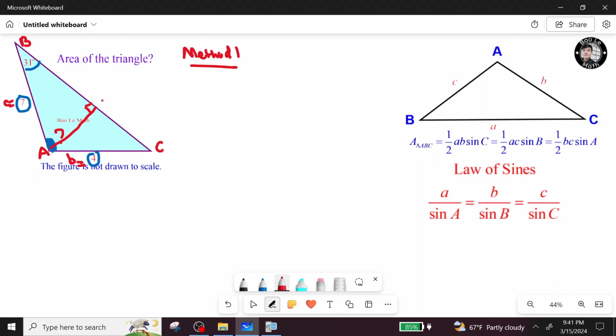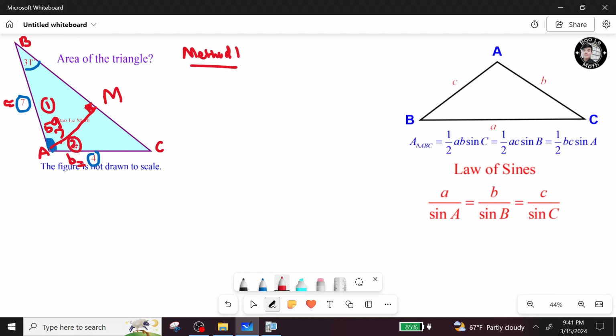This is AM right here. In the right triangle BAM, this is 90 degrees, this is 31, and this must be 59 by the triangle sum theorem. This is angle A1. Angle A2 right here, I don't know it. I need to find angle A2.